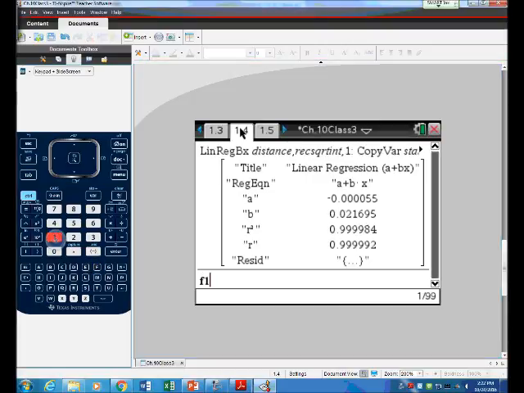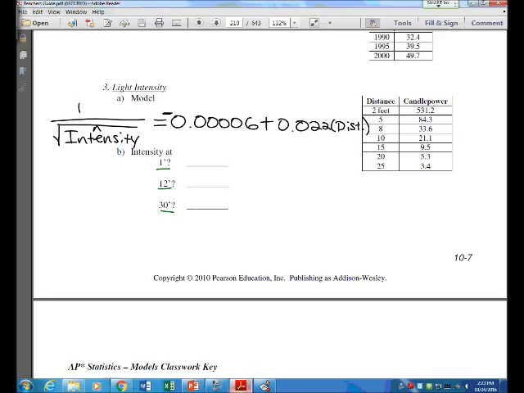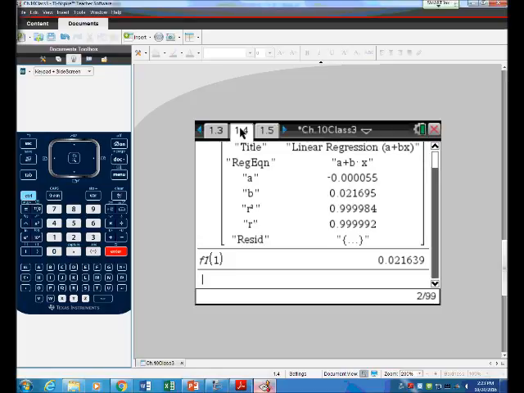But that is not actually what it's going to be, because that is 1 over the square root of the intensity hat is equal to, and then you would write that down, which was 0.021639. But that's not what I want, because I want intensity, not 1 over the square root of it.